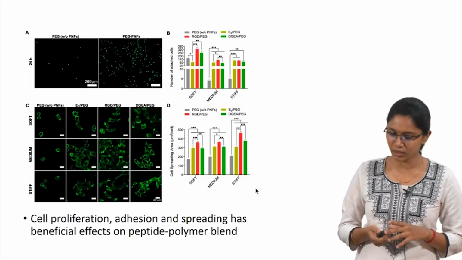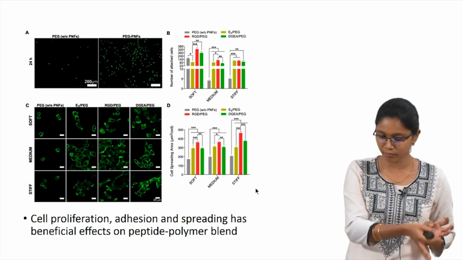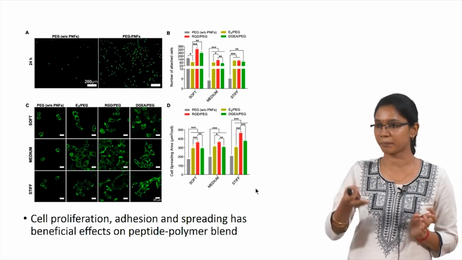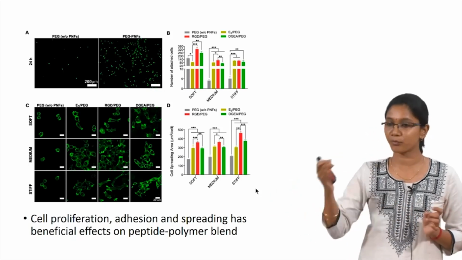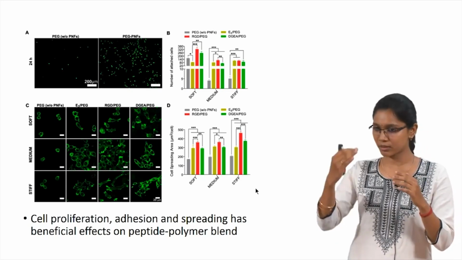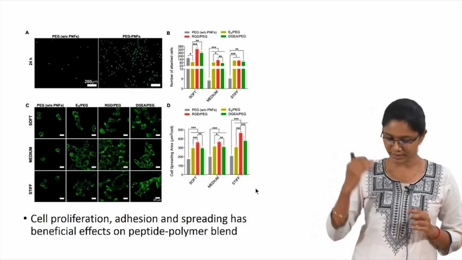Then they have done cell culture studies for this. You have the PEG molecules without and with the PNFs, the peptide nanofibers, and how they act. In the C image below, we have soft, medium and stiff gels.